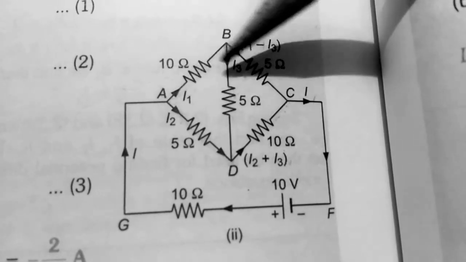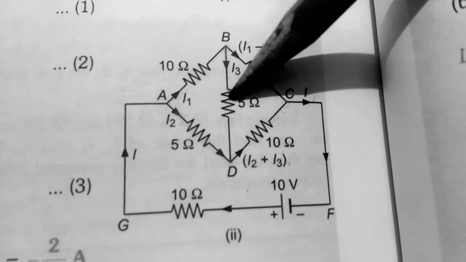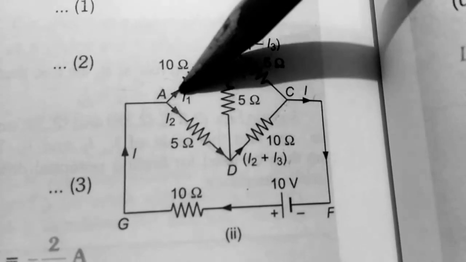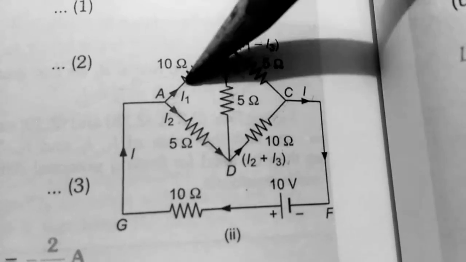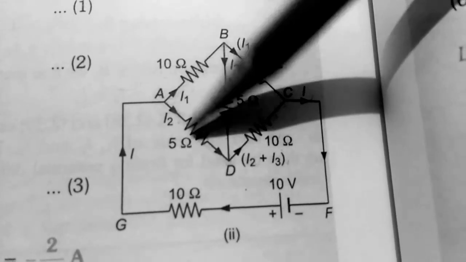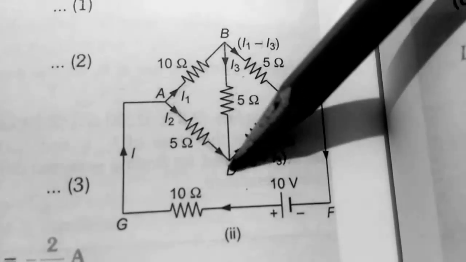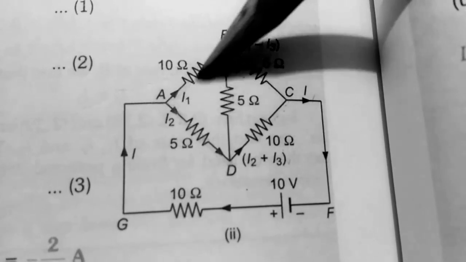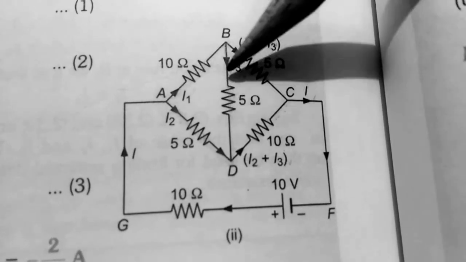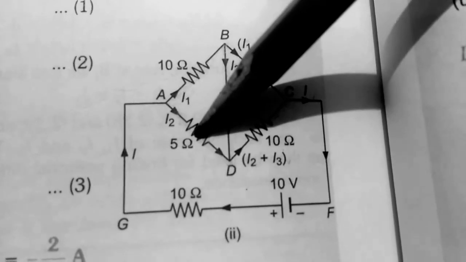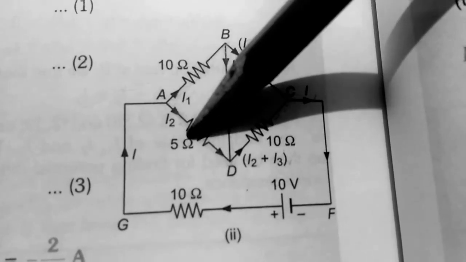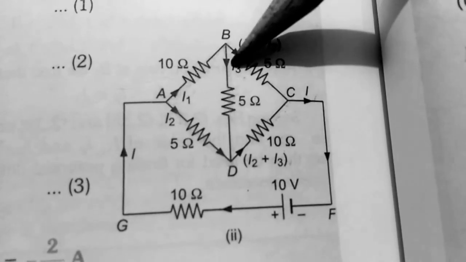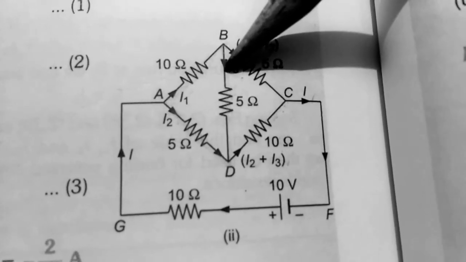I1 and I3 both are opposite to I2. See, I2 is coming here, I1 is going there, so they both are in opposite directions. Then I2 is coming this side, I3 is coming this side. I3 is in the direction of I1 and that's why it is opposite to I2. So when we take I2 as positive, I1 and I3 will be negative currents.